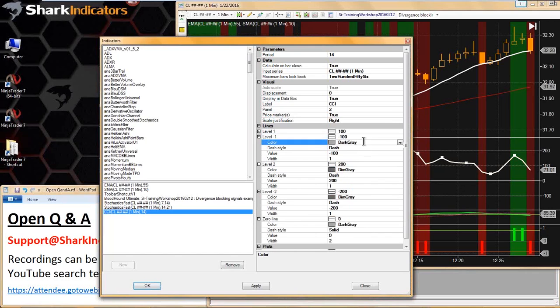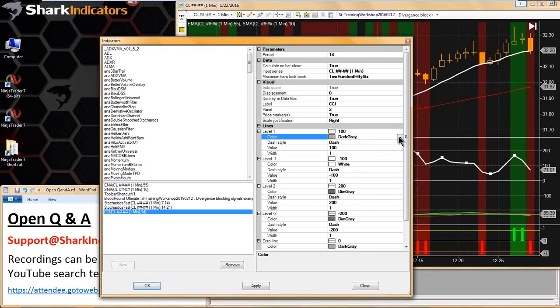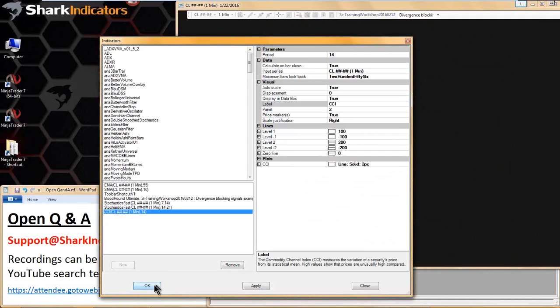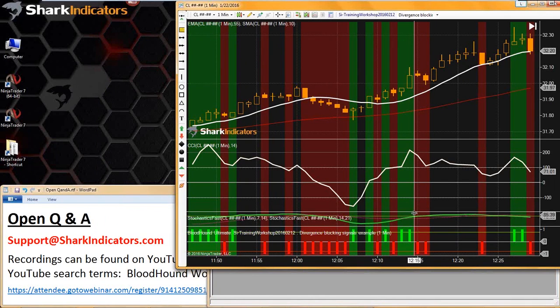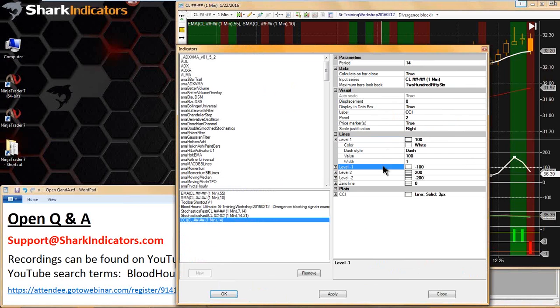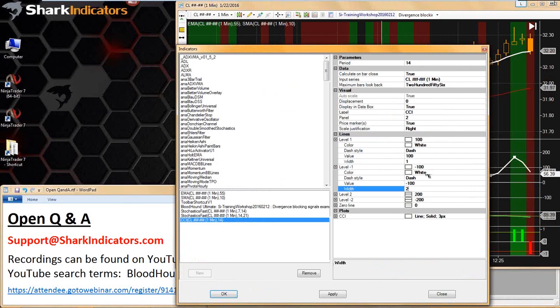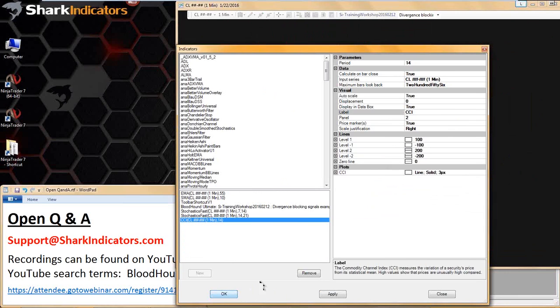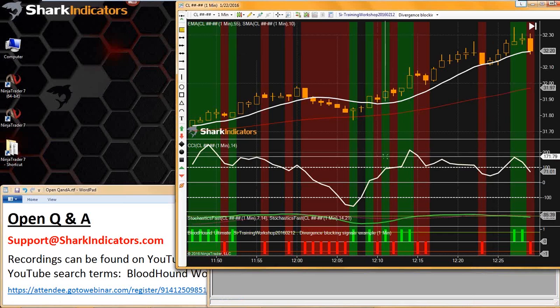I want to make the 100 lines stand out a little better, because we're going to be using the CCI crossing the 100 lines. Let me make these a little thicker. Okay, there we go. You can see the dashed white lines here on the CCI. Those are the 100 and negative 100.